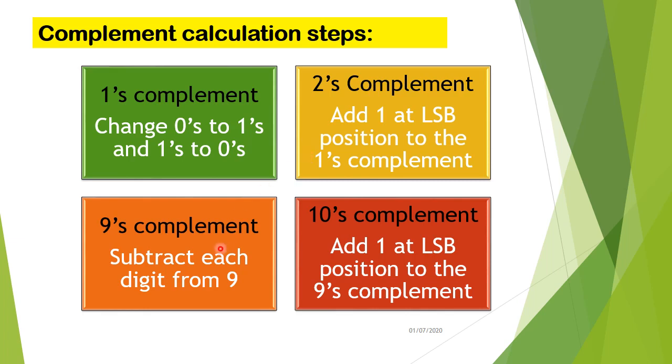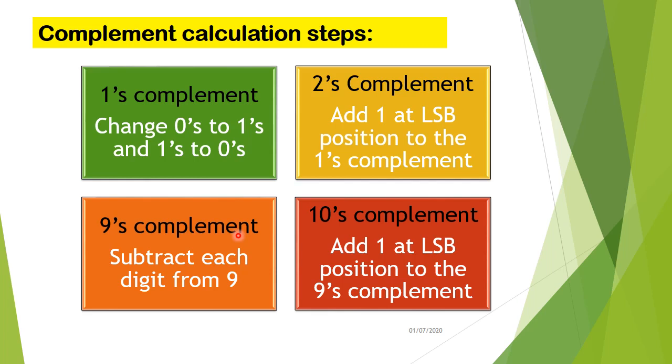Next we will see the nines complement calculation for a given decimal number. To calculate the nines complement, we subtract every digit of the decimal number individually from 9, and the results of these individual subtractions give us the nines complement of the given number.